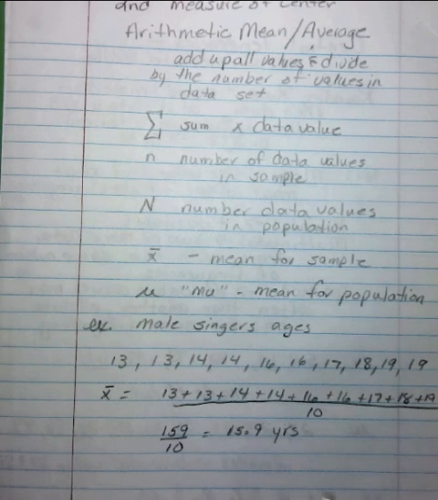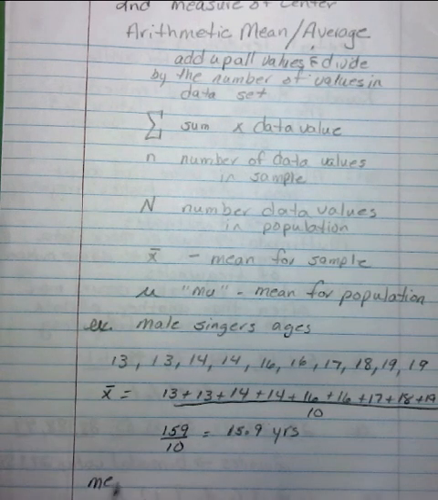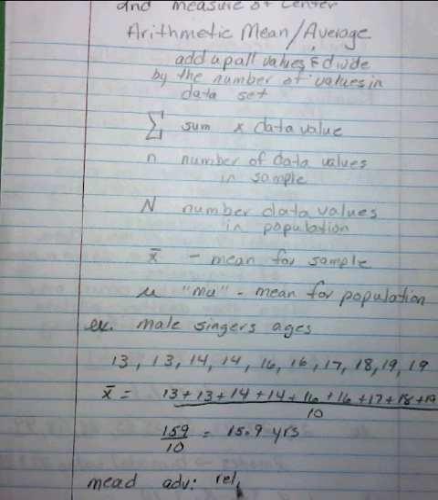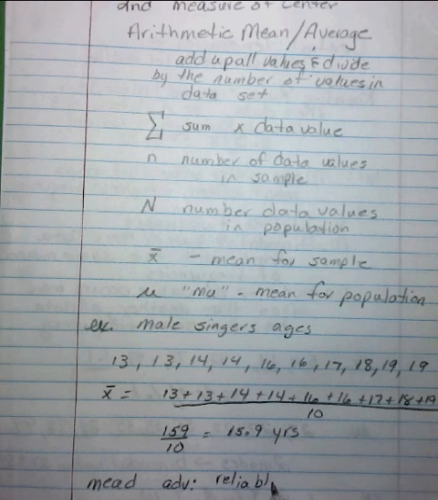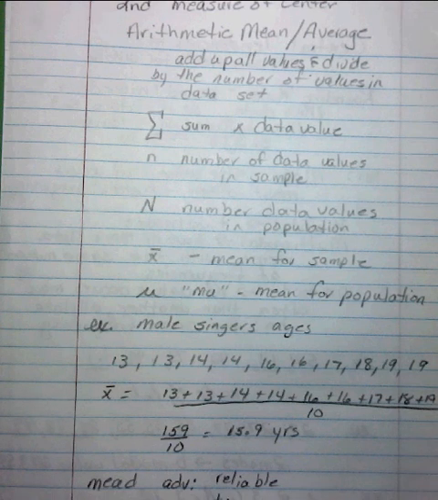Now, there are some advantages to using a mean over some measurements of the center. So the advantage to using the mean would be that it is a reliable calculation. It also takes in all the data.